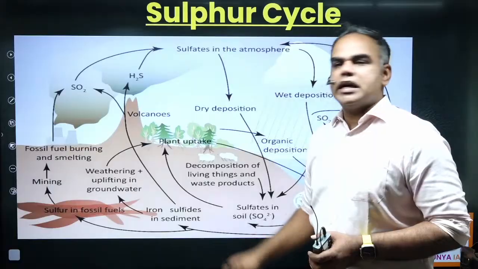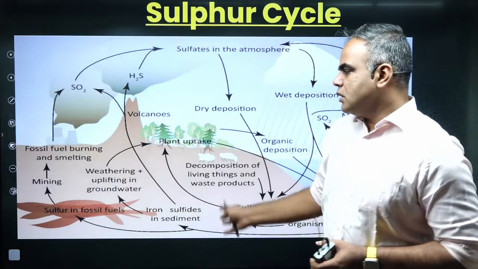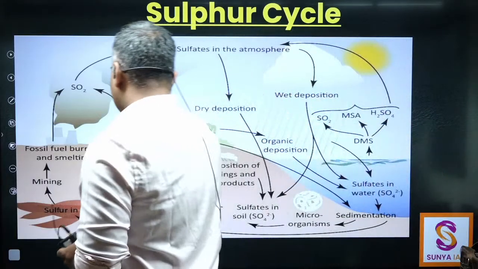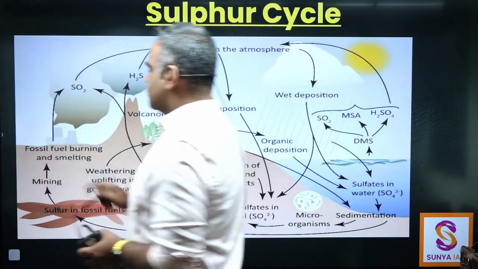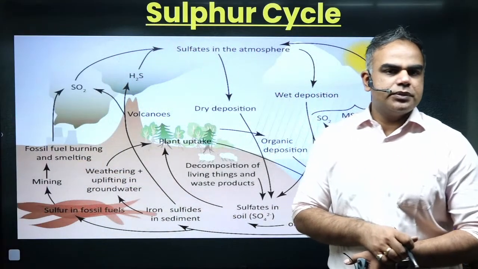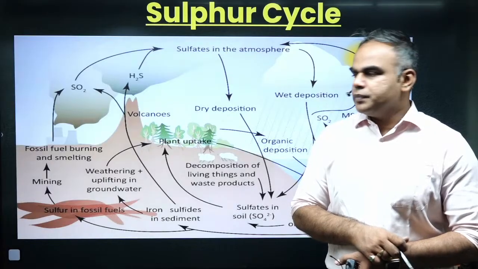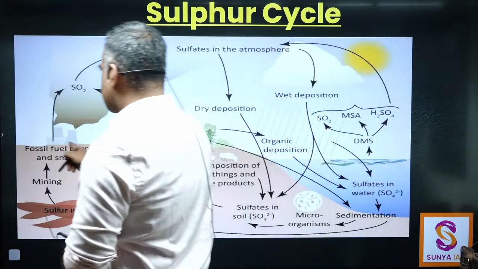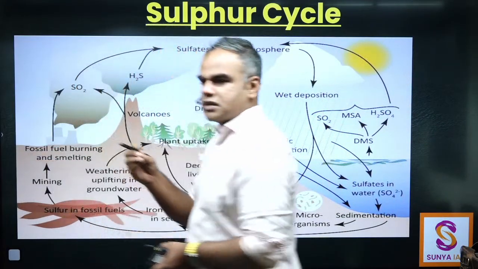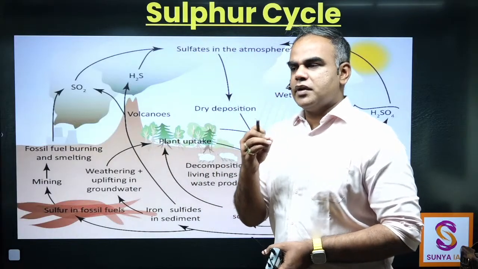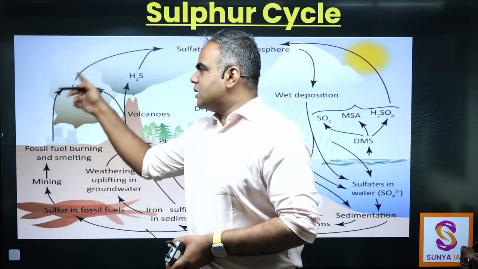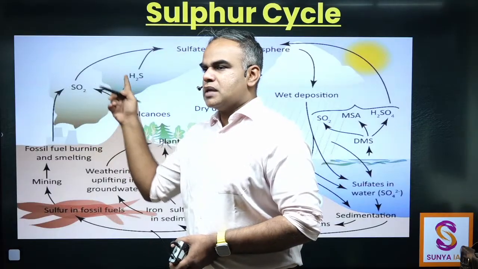You'll find this as sediments, no issues. Second, sulfur is also there in fossil fuels, which means when mining, etc., happens, some sulfur can be released. Other than that, if you burn the fossil fuels, there will also be some amount of sulfur. If you burn it, it will be released as sulfur dioxide.